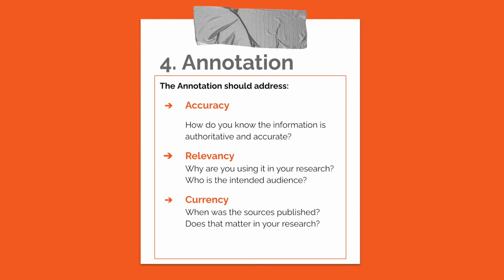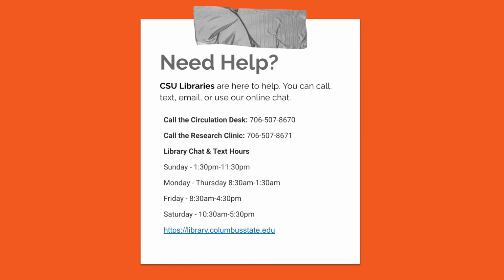So it tells the relevancy and the authority of the source, why it is important to include in your research. Also, the currency. When was it published, and why does it matter that it was published then? If it does matter that it has to be current or historical, it gives you an opportunity to include that as well.